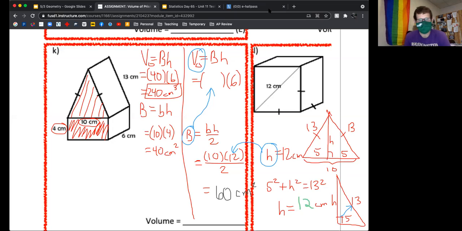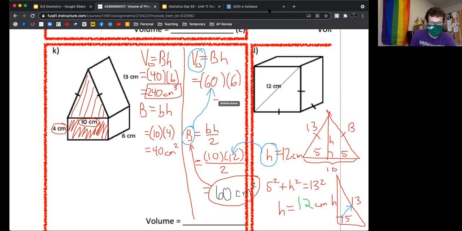By plugging that in, we get 60 centimeters squared. This 60 centimeters squared is the area of the base, and that can be plugged in. I'm going to plug in the 60 right there, and now we can do that quick calculation to figure out the volume of our prism. You can plug that answer in pretty quickly, I bet.